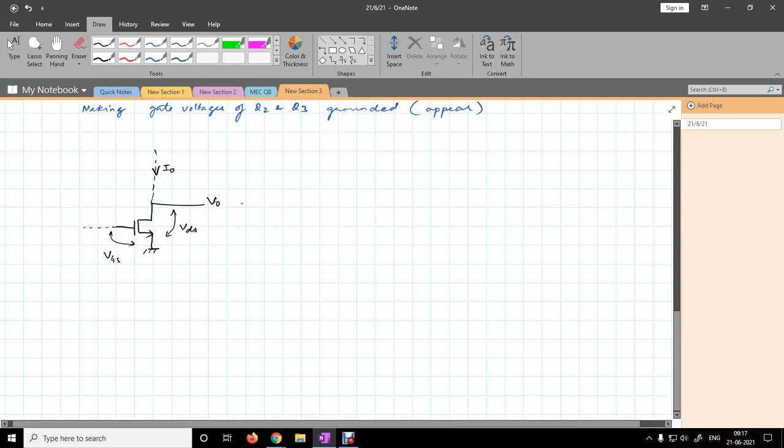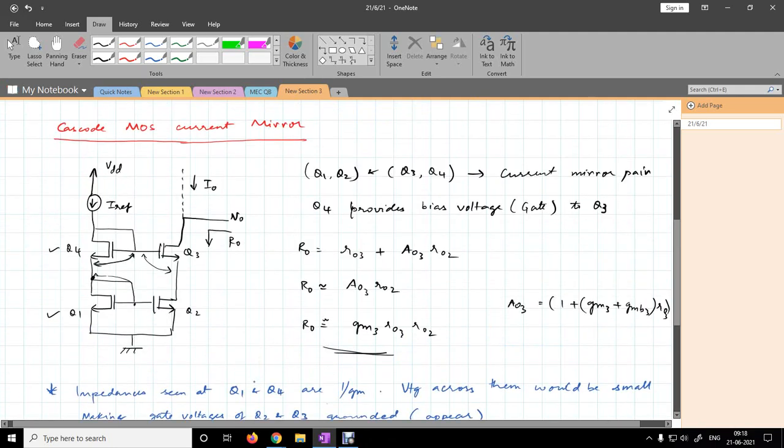I can write V naught, which is VDS, should be at least VGS minus VT. Obviously all these transistors should be in saturation for your current mirror to work, but if they are not in saturation, there's no point in all of this, right?